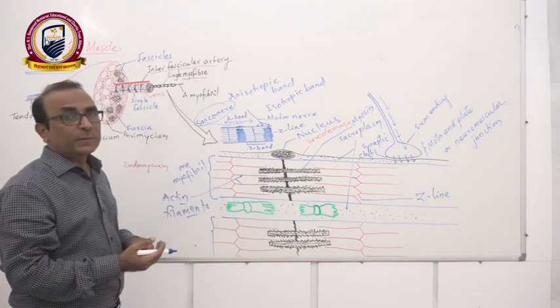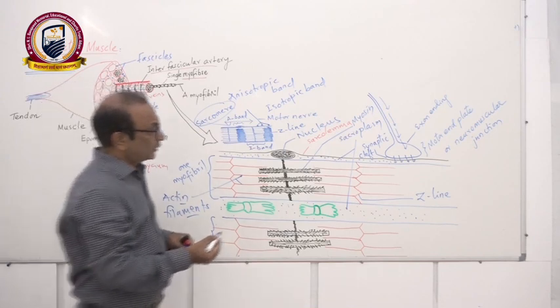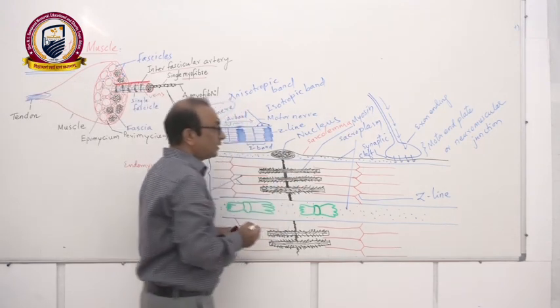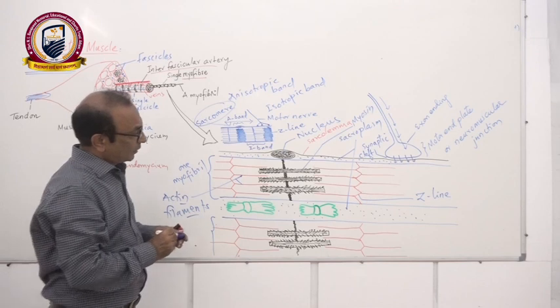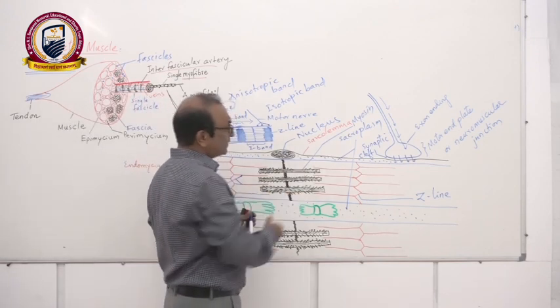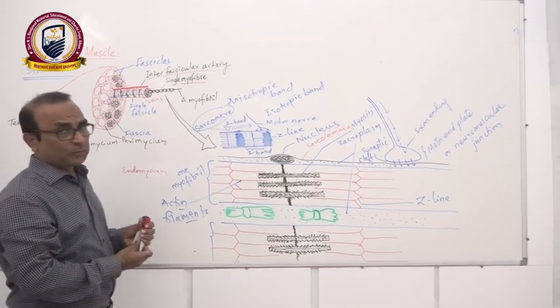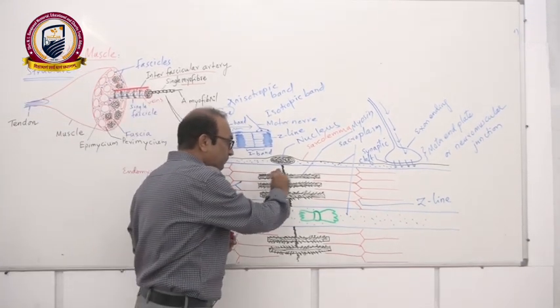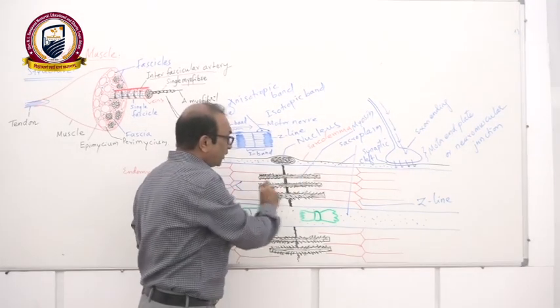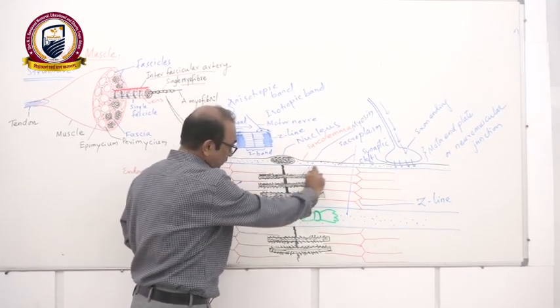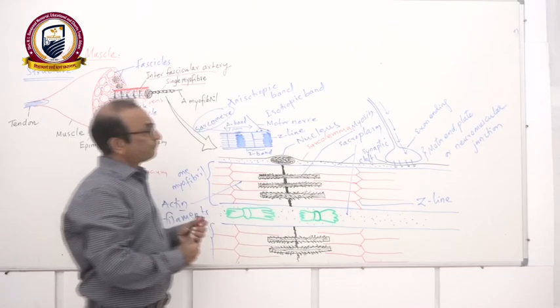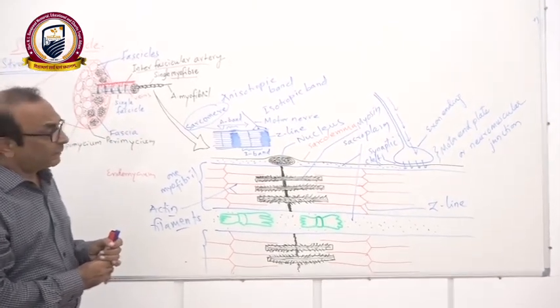They are polymers made up of so many units, which are called meromyosin molecules. A large number of meromyosin molecules make up one single myosin filament.